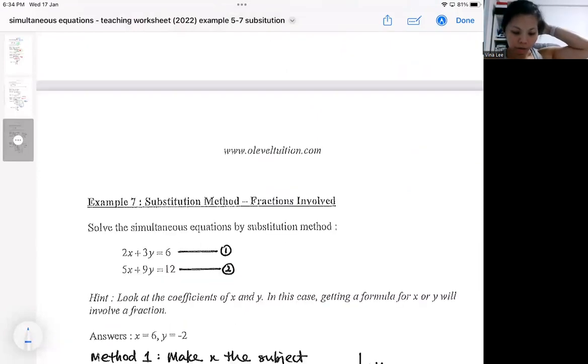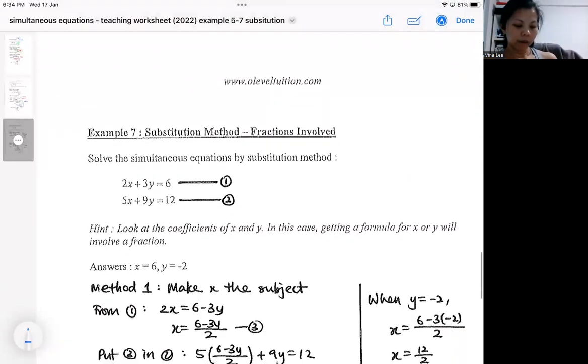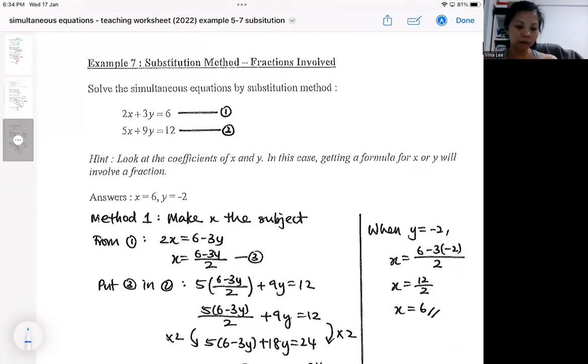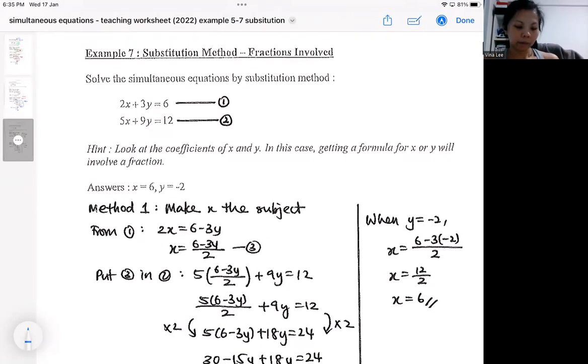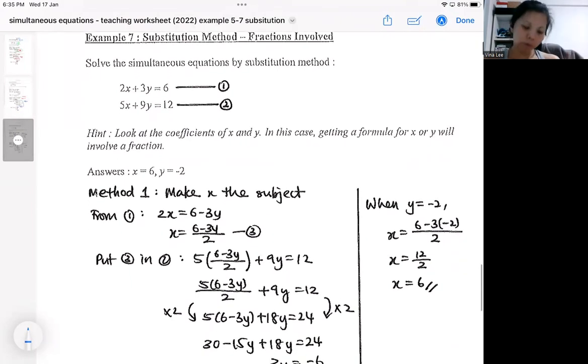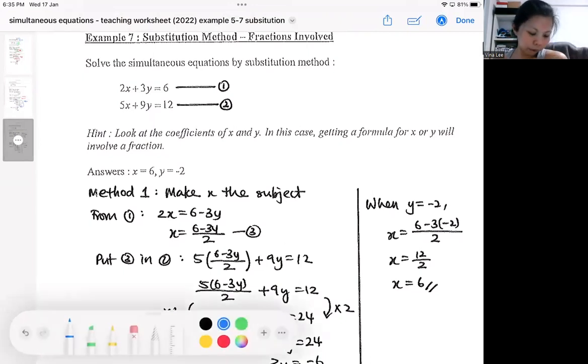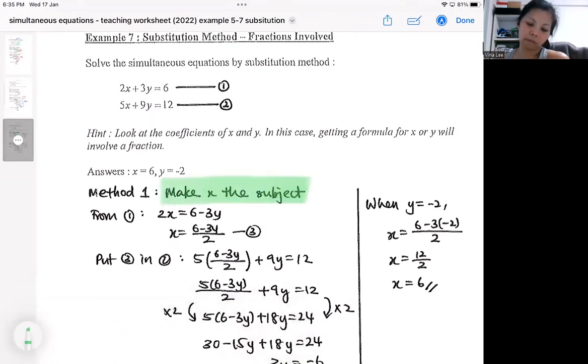So this one is a situation where, no matter if you make x the subject or if you make y the subject, you are going to have a fraction. So I will go through a little bit faster. Again, if you are doing the substitution method, you can choose to make x the subject.